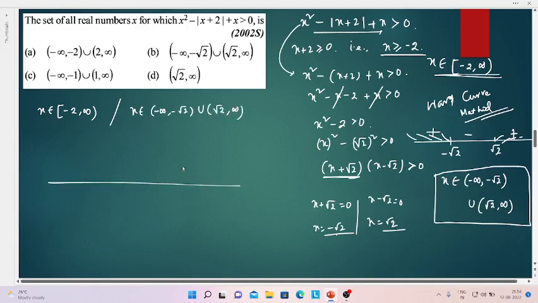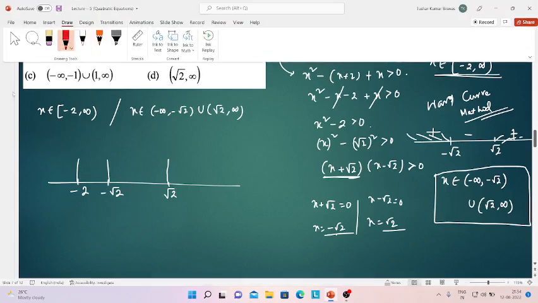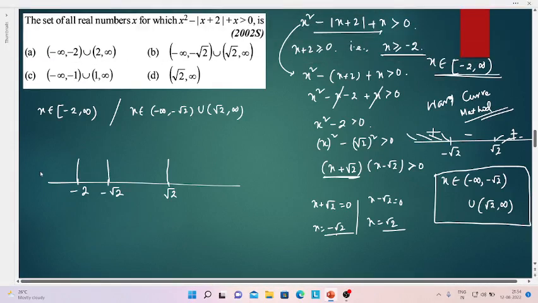Let me plot these intervals on the real axis. Suppose minus 2 is somewhere around here, minus root 2 around here, and root 2 around here. Let me take a horizontal line. Minus infinity to minus root 2 will be there, and union root 2 to infinity will be there.